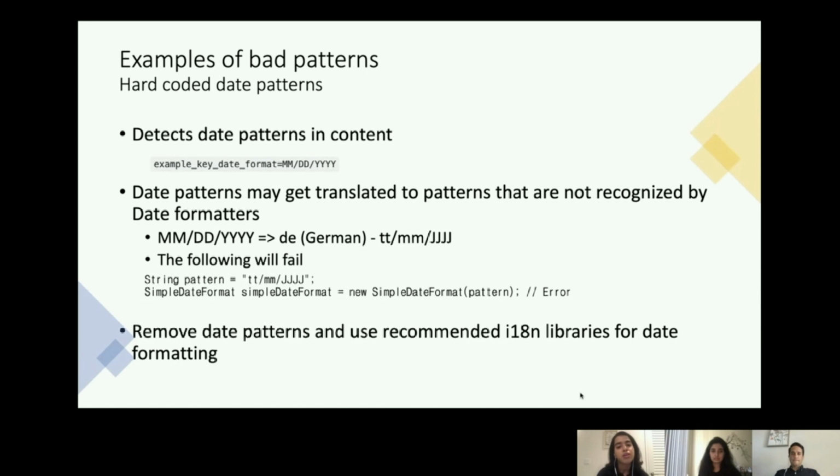In German, it gets translated into tt/mm/jjjj, and this is not a standard date pattern. So a formatter like SimpleDateFormat in your code will throw an error when it receives this. We want to avoid such situations, so it is recommended that these date patterns are removed from the content, and instead the recommended l10n libraries that are used in the company should be used for date formatting. Next slide.